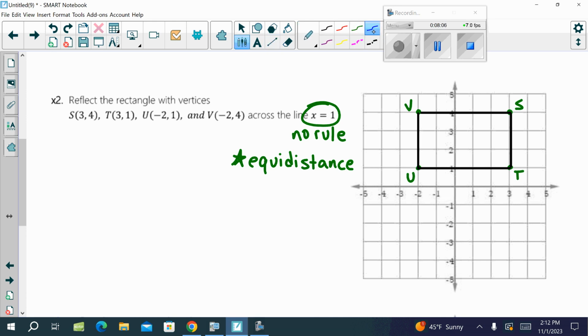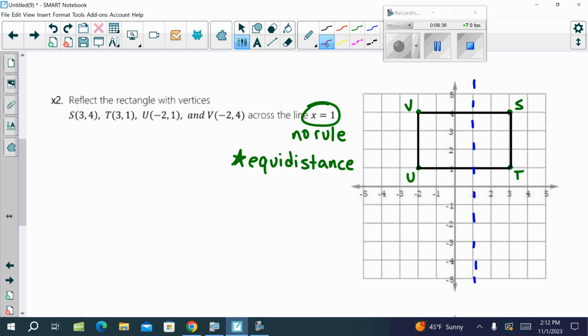Okay, and I'm going to put a dotted line where my reflection should occur. So where is x equals 1? What kind of line should that be? Vertical, good. Where it crosses x equals 1. So here's my line of reflection. Vertical line across 1 on the x-axis. So since we don't have a rule, remember we said equidistant.